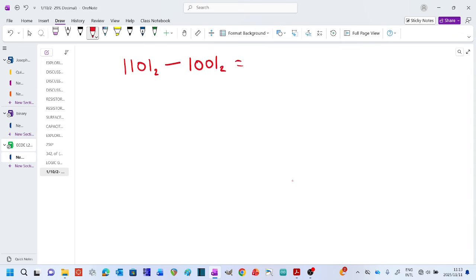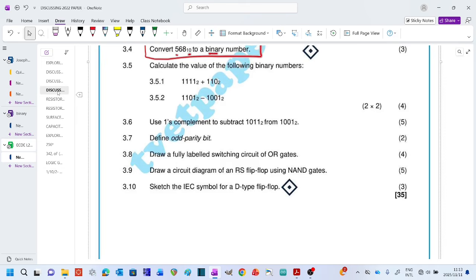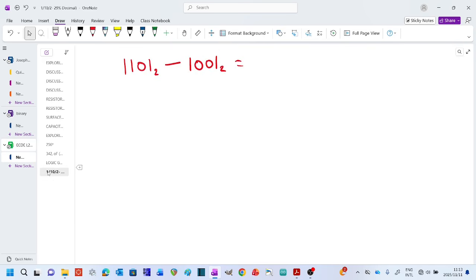That's normal subtraction. It has nothing to do with the ones and twos complement. It's just normal subtraction. Let me check that. I'm good. So 1101 minus 1001. It has nothing to do with twos complements.